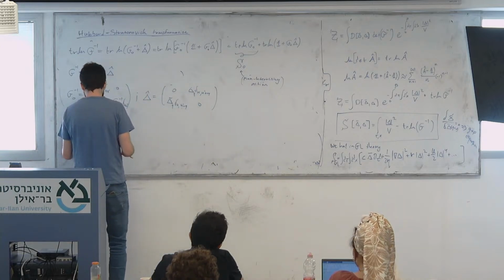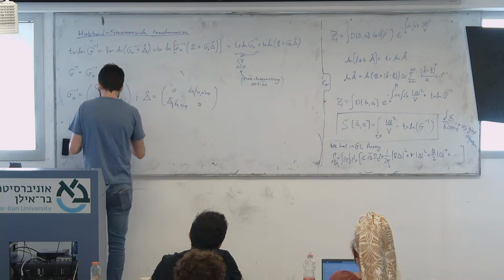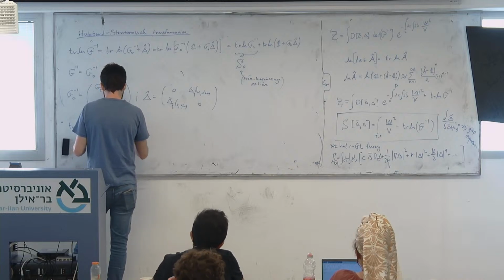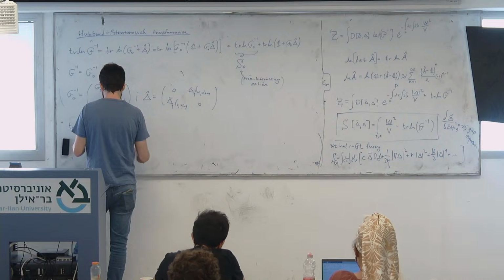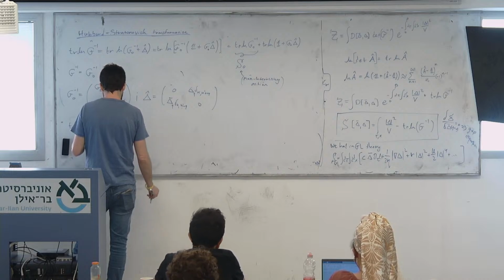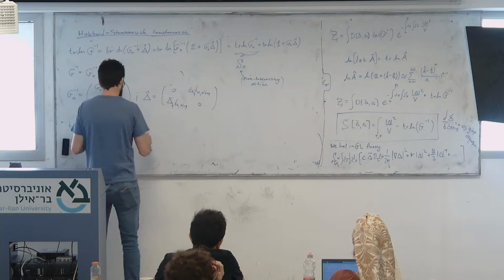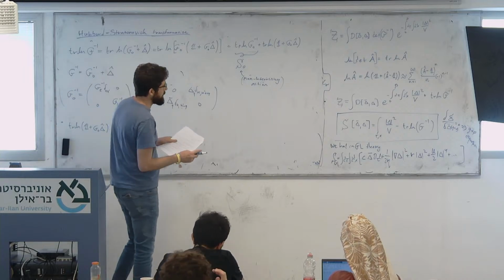So this thing gives us minus sum over n equal to 1 to infinity. So that's the same thing we had over there.